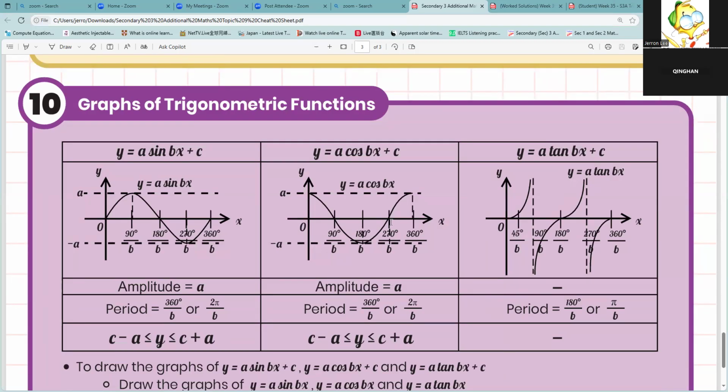What I did with them was mainly on the sine and the cosine graph. Tangent, I didn't touch, because I wanted them to focus on sine and cosine first. The sketching involves knowing amplitude, period, as well as what I call the offset, that means when you do a plus C.